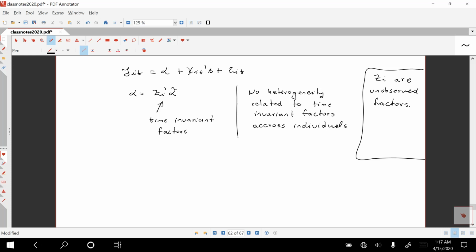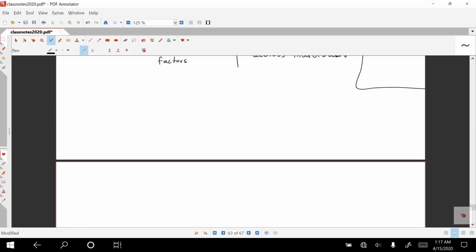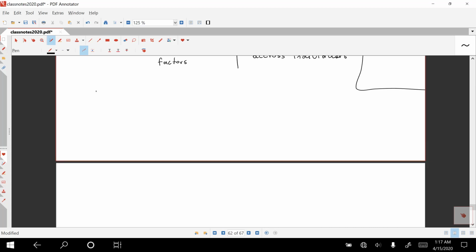Now, let's look at the second model, which is the fixed effects model.